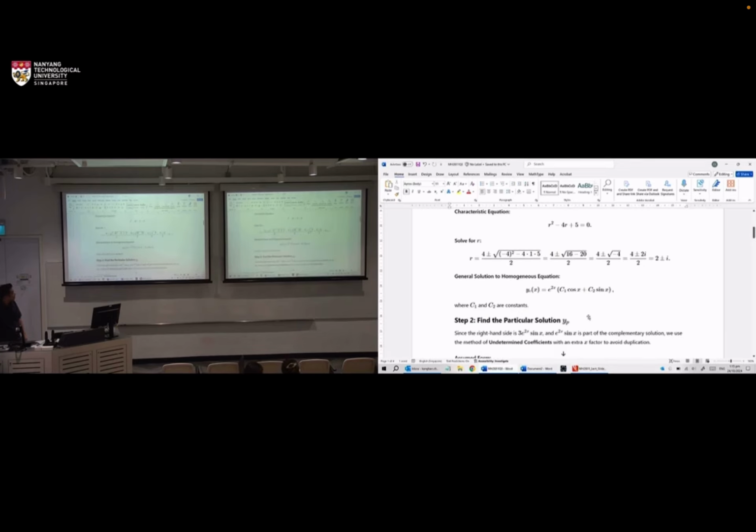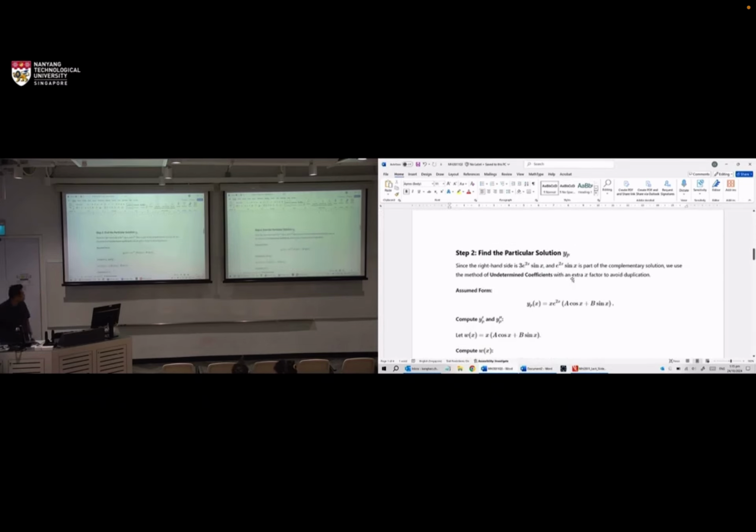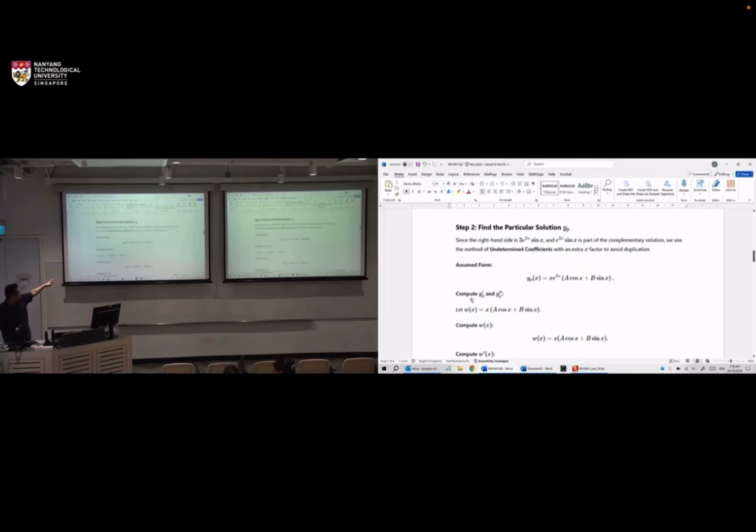So the particular solution, did he get the same as us? x e^2x a sine x, correct, same. Particular solution, and then he goes and calculates the derivatives.